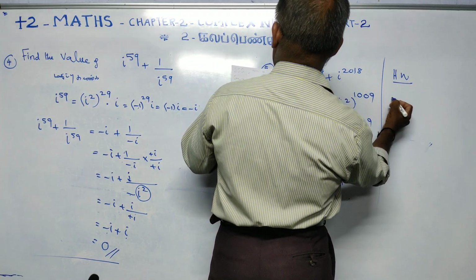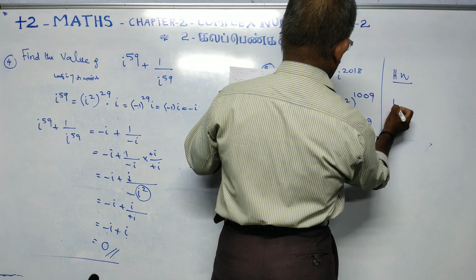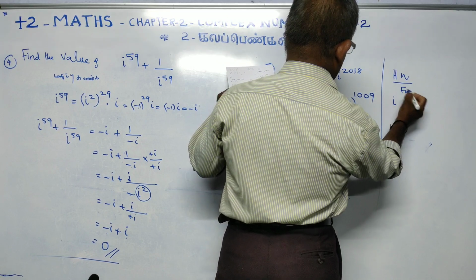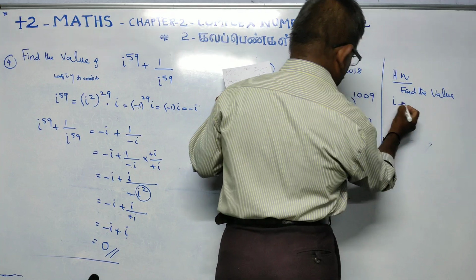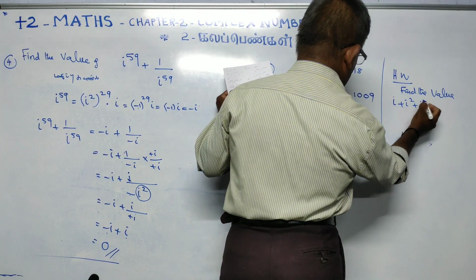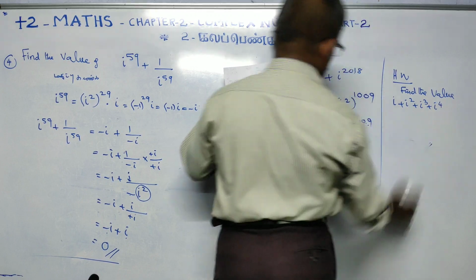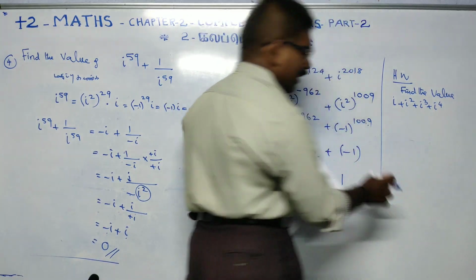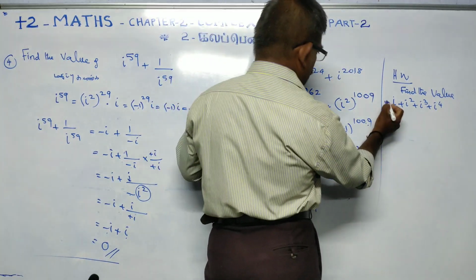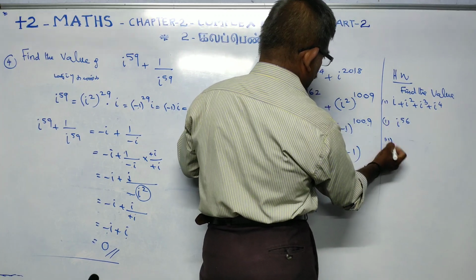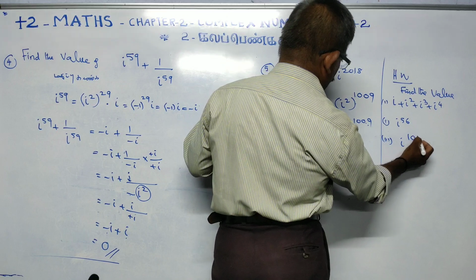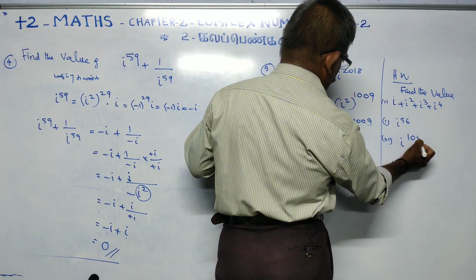Find the value of I square, I cube, I power 4. This is question 1. You find all the numbers, then reduce the terms. Number 2, I power 56. Number 3, I power 1054.